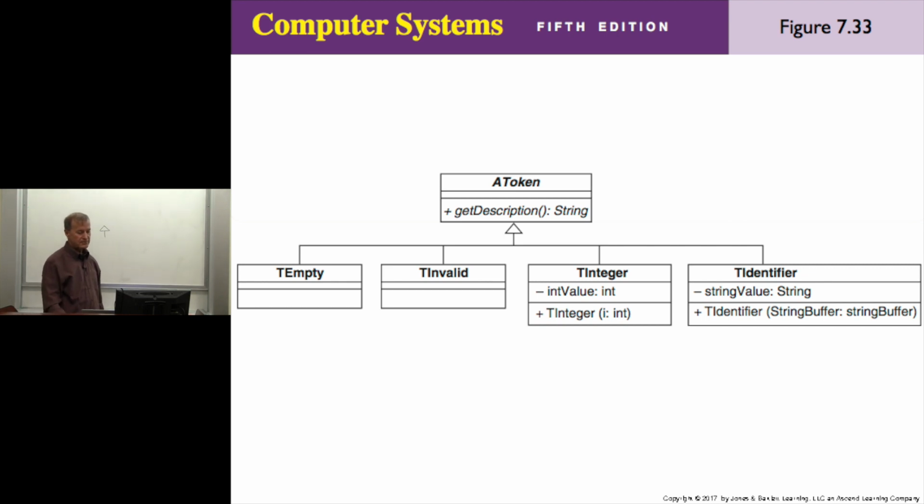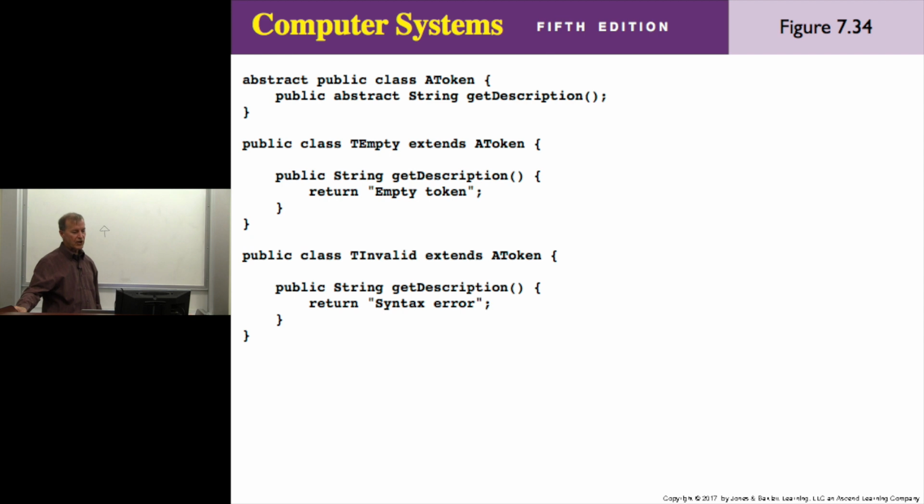All right. Now, here in the code, do you see how in Java you do subclassing? You see here, public class t-empty. Now what do we have after that? Public class t-empty what? Extends a token. So that word extends is how you do subclassing, how you do is-a, how you do inheritance.